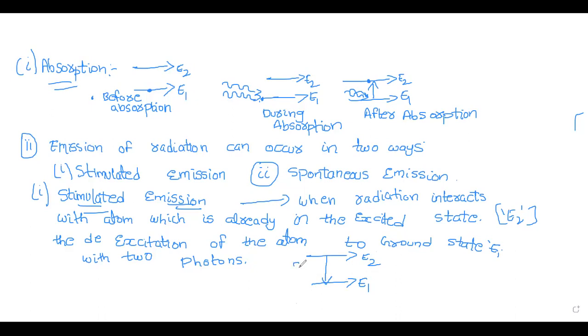Now, the photon from here is incident. So how many photons are coming? There are two photons which are emitted while the atom is coming from the excited state.